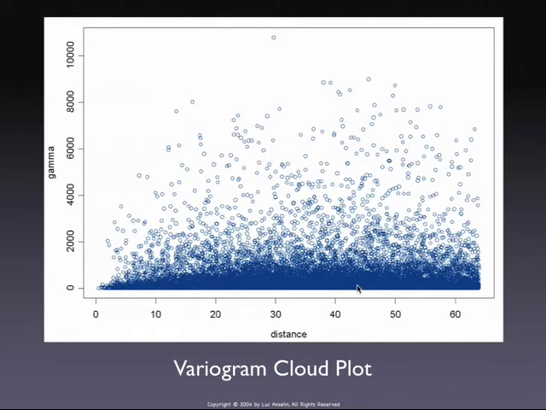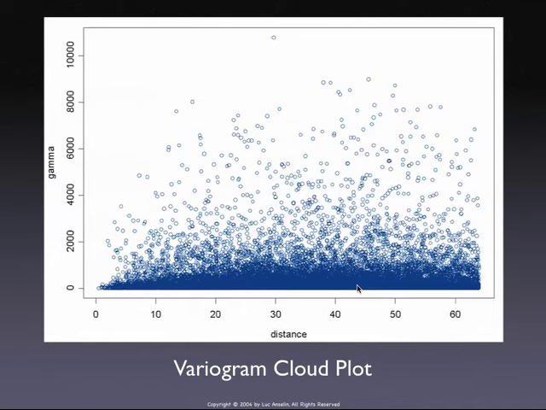So if you have n points, how many are in here? n times n minus 1 over 2. Not the ones in the same spot, 0 and 0, that doesn't count.